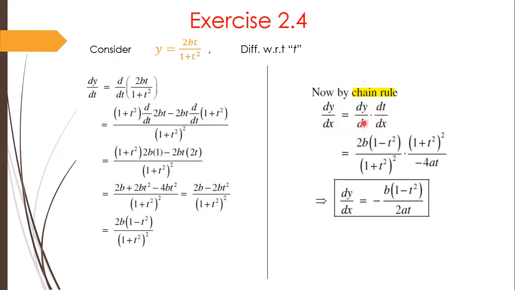Replace the value of dy by dt, that is 2b(1 minus t square) over (1 plus t square) whole square, and dt by dx is (1 plus t square) whole square over minus 4at. (1 plus t square) whole square cancels out, and 2 cancels with the minus 4. The remaining terms are b(1 minus t square) over minus 2at. This minus can be written in the numerator, and this is your answer of question number 3, part number 2.